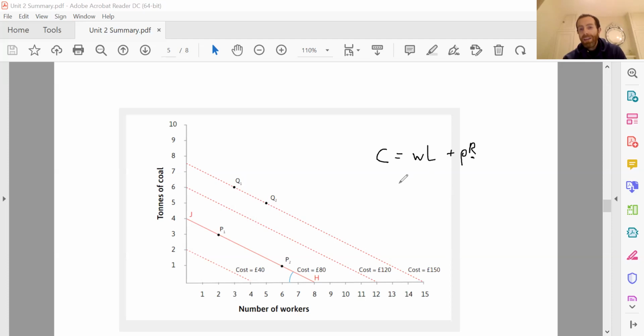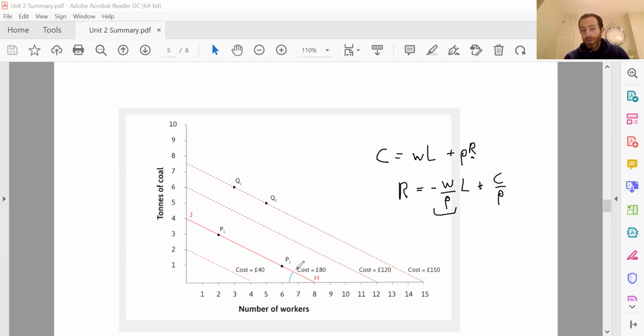And what I'm going to get is that R is equal to minus W over P times L, plus capital C, the total cost, over P. And we can see that the minus W over P represents the slope of one of these lines, and the C over P represents the y-intercept. So this is the equation of what we call an isocost line.